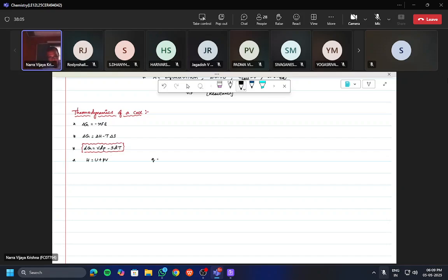Nothing but Q is equal to delta U plus W. W is nothing but P external into delta V only. So delta U plus P delta V equal to Q. Q is nothing but enthalpy. That's what I'm writing: delta H equal to delta U plus P delta V, or H is equal to U plus PV. Clear? This is nothing but the first law of thermodynamics.